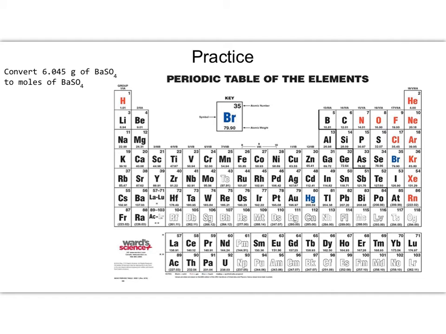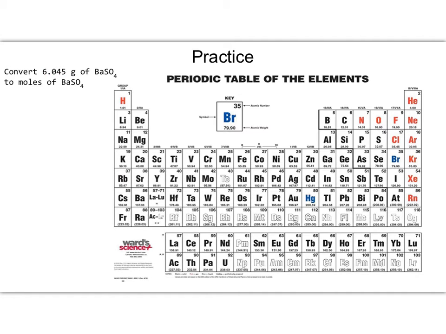Alright, so convert 6.045 grams of barium sulfate. Okay, so we're converting from grams to moles. So let's look at the molar mass.